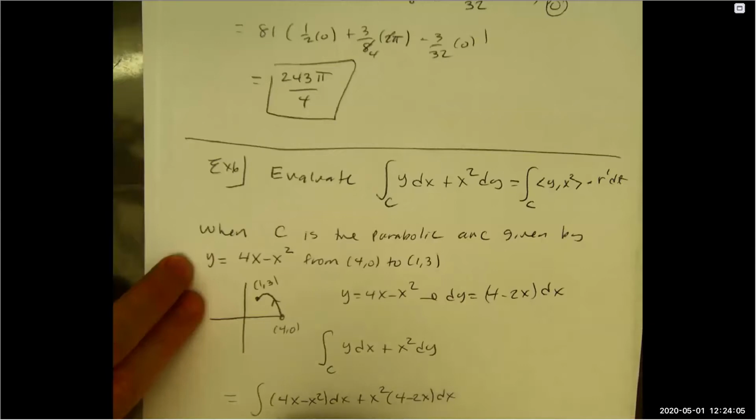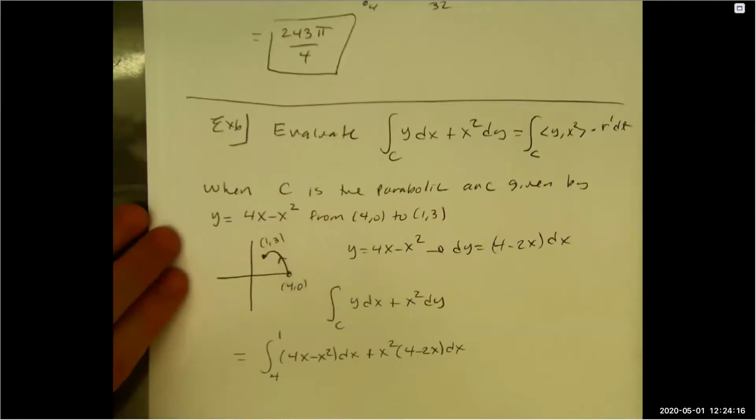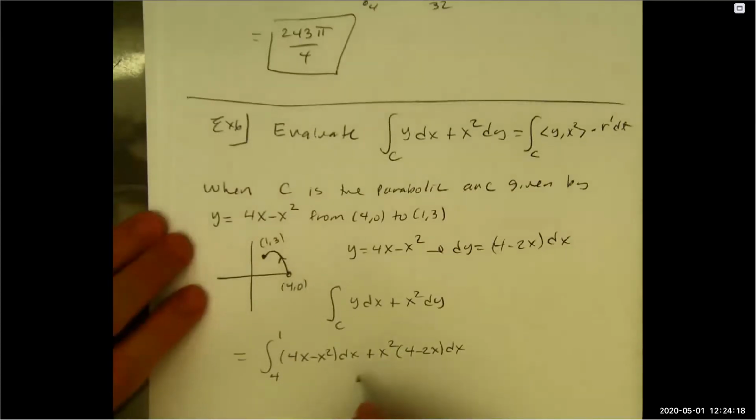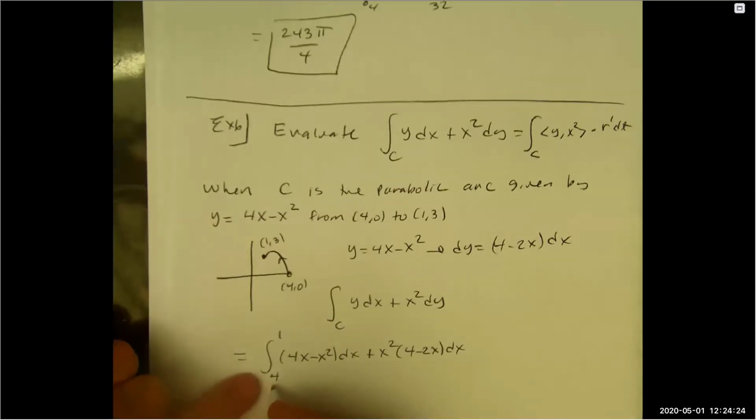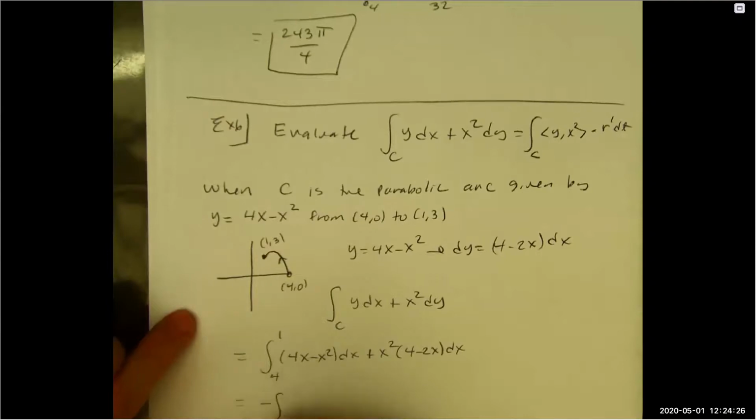dx, and we're going from 4, 0, so from 4 to 1. Normally we take out the dx here, so we just have the integral, and then we can reverse the order of integration by changing it to 1 to 4.